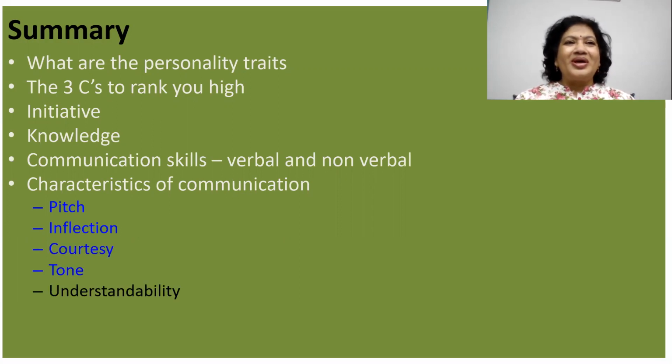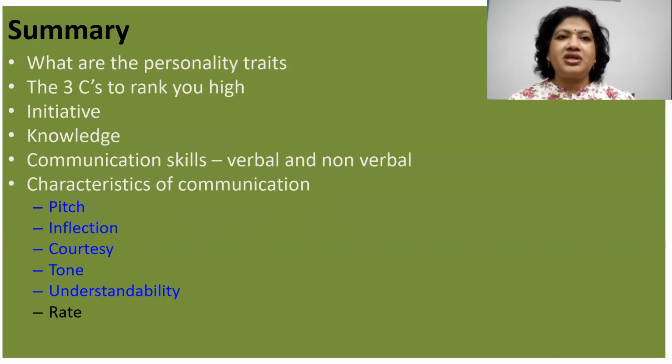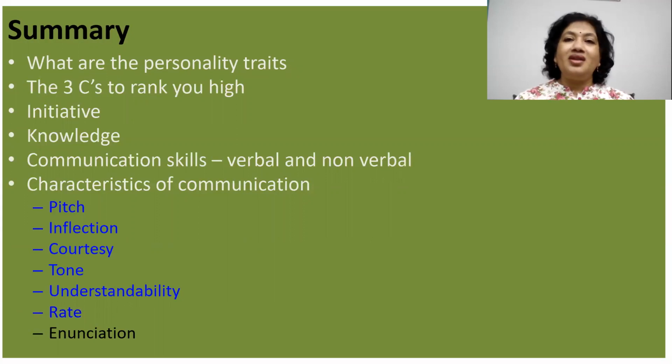Tone. Understandability, whatever you say, the other person has to understand. The rate of speech, when you have to increase the rate, you increase it, and when you have to slow down, you slow down so the other person understands and you emphasize what you are saying. Enunciation, again, you speak clearly.